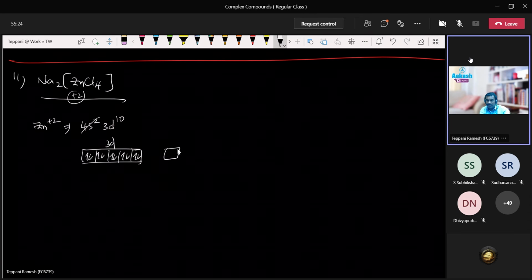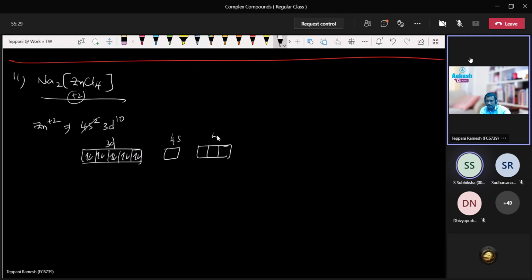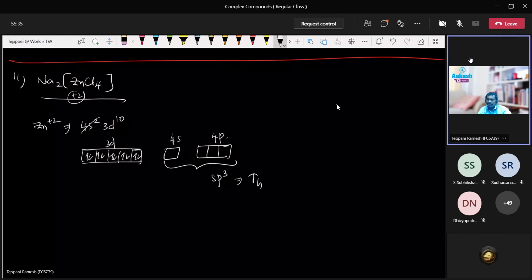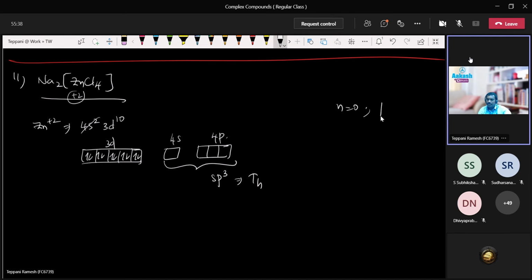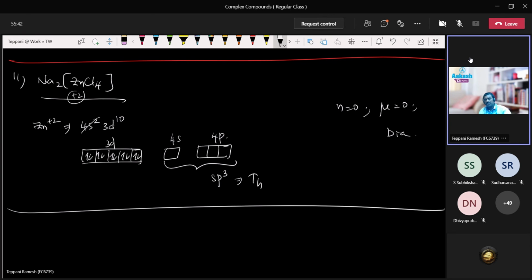Understanding, or time delay? Yes, sir, 4 orbitals, sp3. sp3 means tetrahedron. n0, mu0, diamagnetic. If you want to write the structure, you can write it; I'm not specifying it.